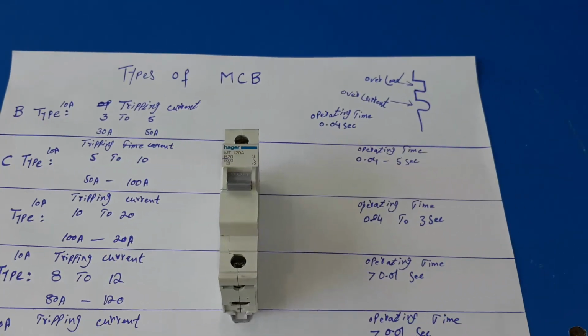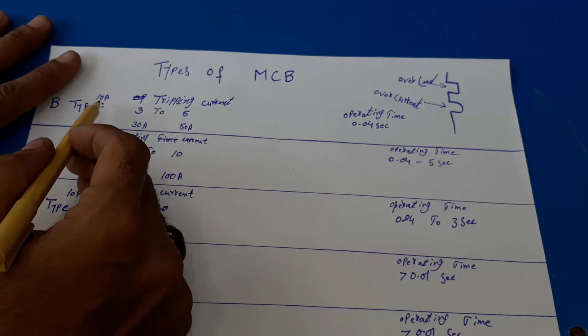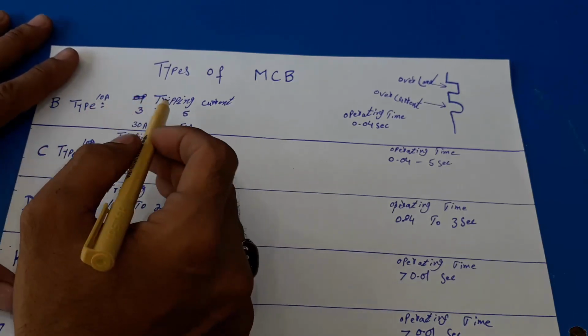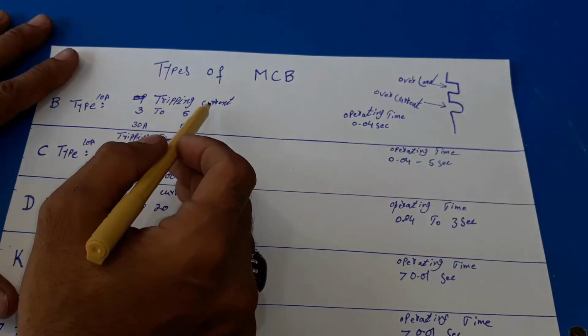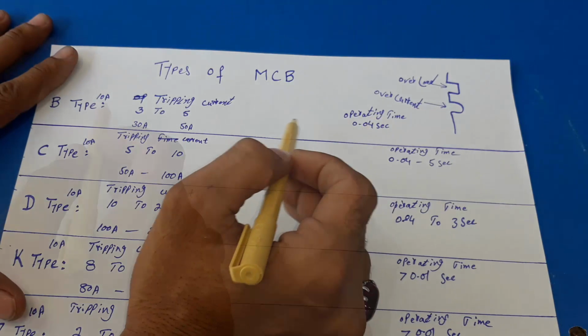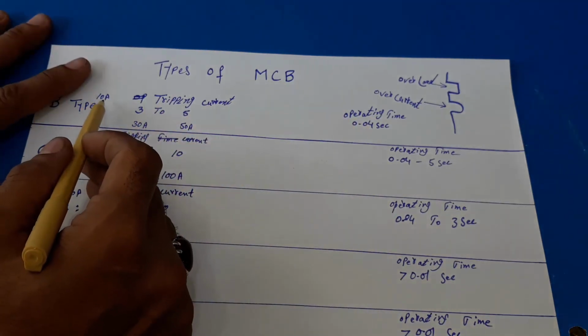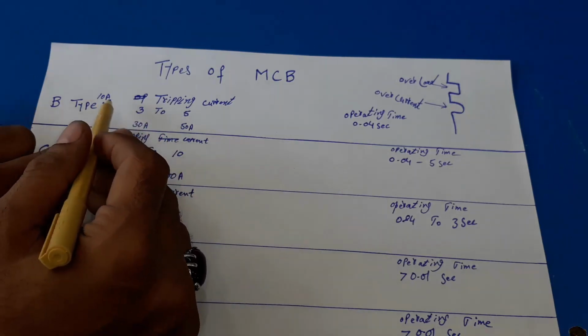Yes, my brothers and friends, there are 5 types of MCBs. First of all, B. If we have a B type with 10 ampere, that means the tripping current. An MCB has two things: tripping current and operating time. Here we take 10 ampere tripping current, and we will discuss the B type.